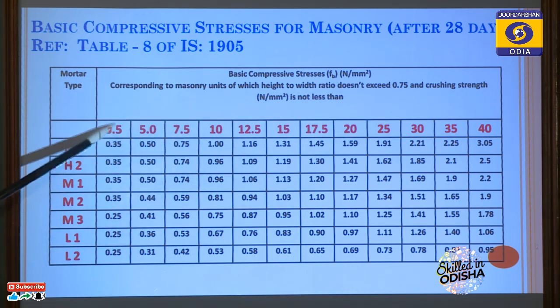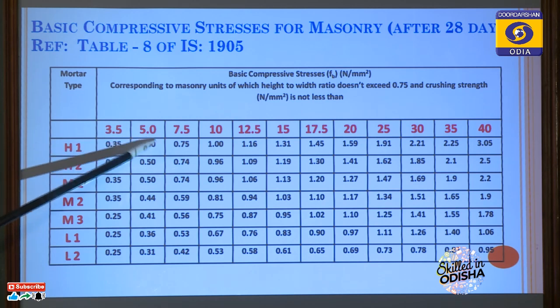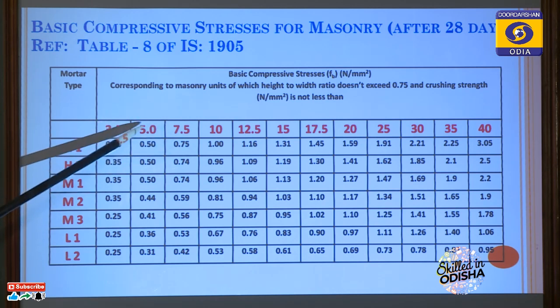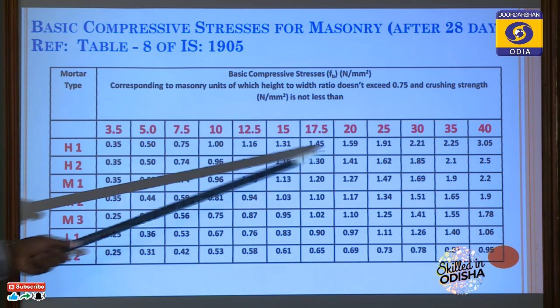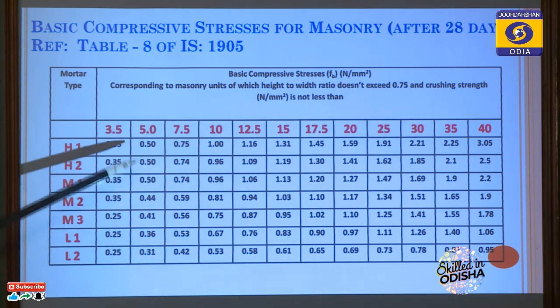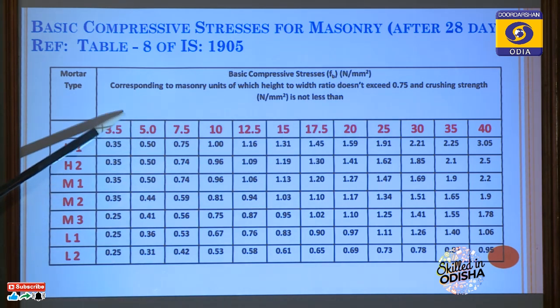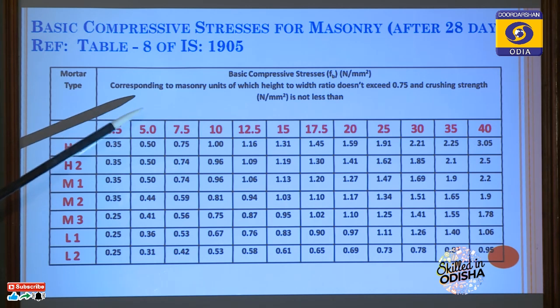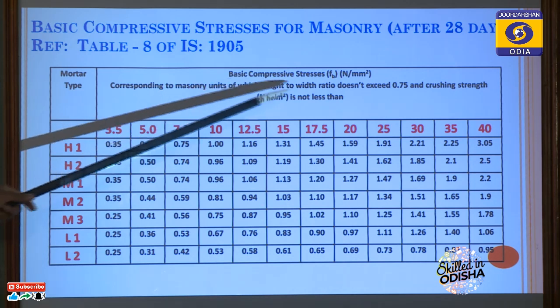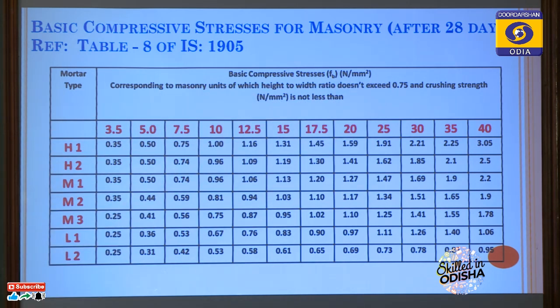These are the crushing strength of the masonry units after 28 days in Newton per millimeter square. So 3.5, 5.0, 7.5, 10, etc. And these crushing strengths are of those masonry units whose height to width ratio does not exceed 0.75.